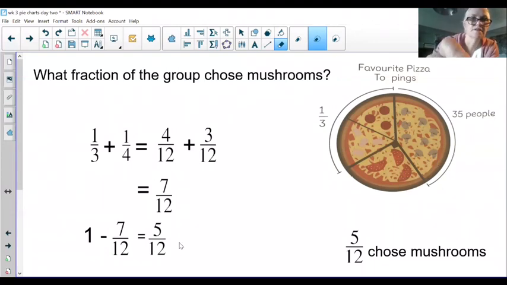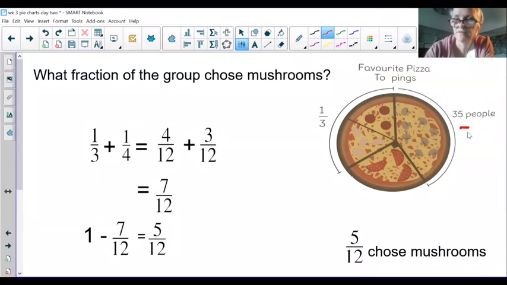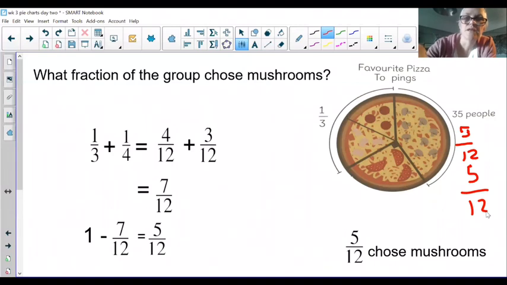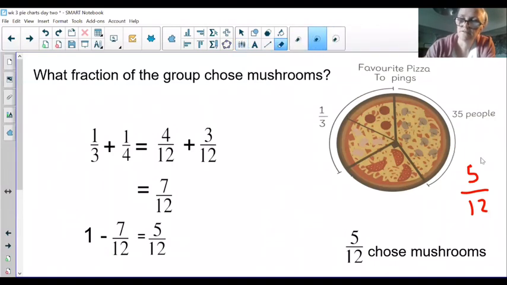Okay, so the 35 people, 5/12ths. There you go. Okay, so 35 people are 5/12ths. 5/12ths chose mushrooms. Okay.